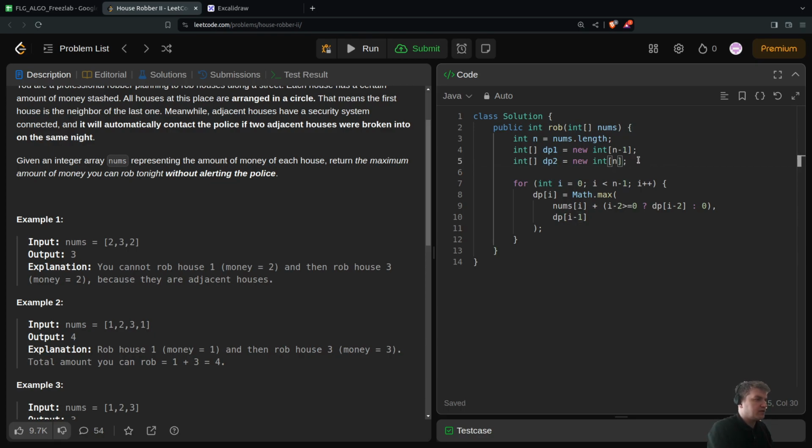Let's say just n, or also n minus 1, and DP2 i equals the same, but i plus 1.